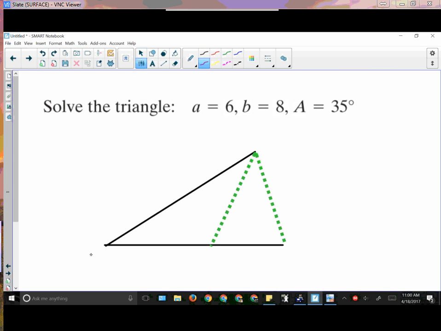And this is going to be angle A down here, and that's going to be 35 degrees. Now, the side could either be 6 here or it could be 6 here. We don't know which one it could be. This side B here is going to be 8, so angle B is down here, or B is over here.